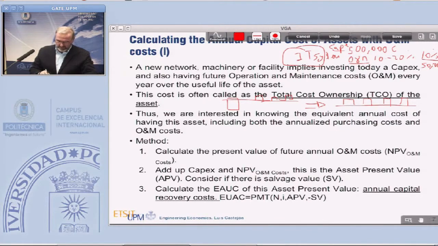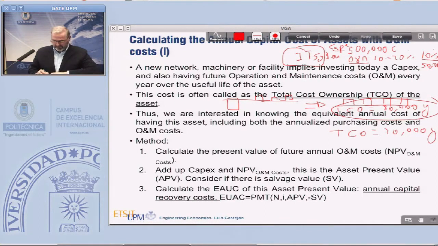And then he wants to say the total cost of ownership of this IT system is, for example, 80,000 euros per year. Because you want to compare your total cost of ownership with your competitors, with another offer you have from another provider of IT system, and the other provider says, for example, that the total cost of ownership of their proposal is 70,000 euros.